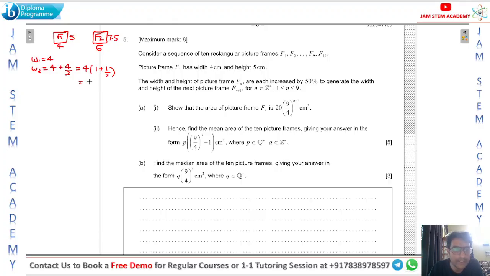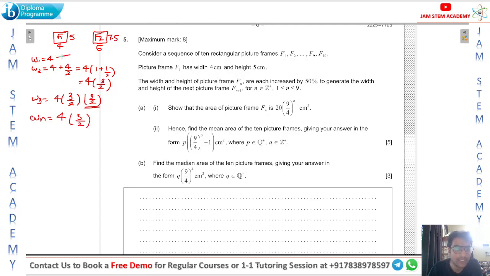Basically, this is 4 times 3 by 2. Now in order to get the third width, I can simply take 4 times 3 by 2 and multiply it by another 3 by 2, right? So as you can see, 3 by 2 is the common factor by which we multiply to get the next term. So for the nth width, we have 4 times 3 by 2 raised to the power something.